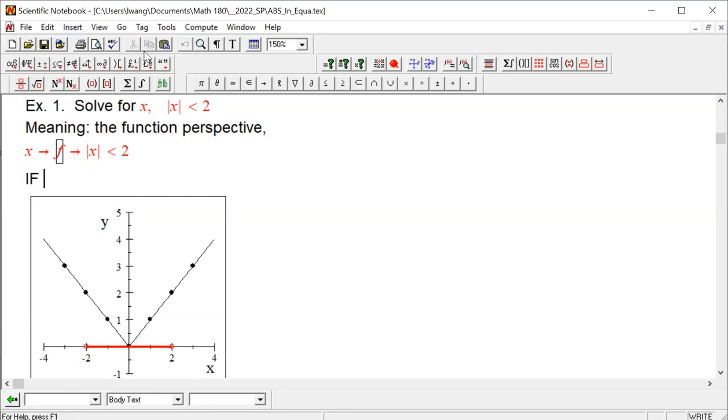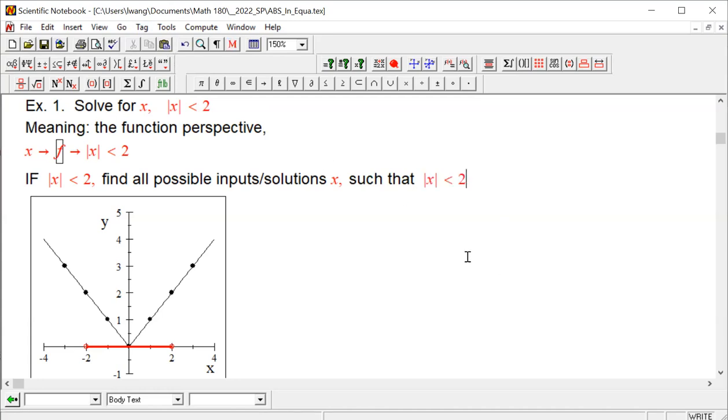If the output is less than 2, our task, solving for x, is to find all possible inputs, or solutions, which are x, such that their output is less than 2. So that's the nature of the question.